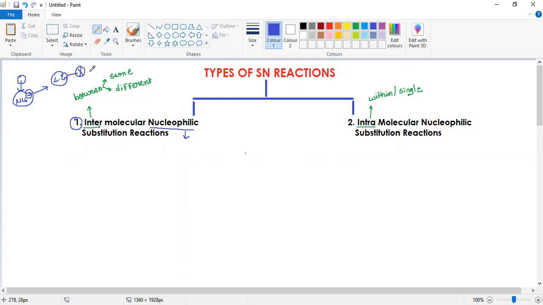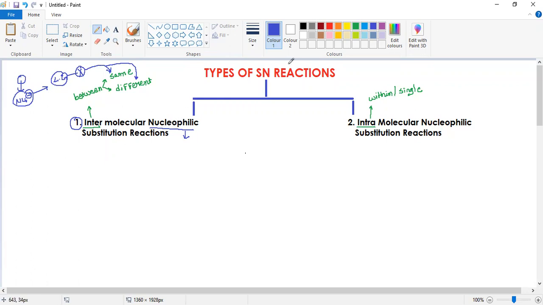So that another molecule may be the same, otherwise different. So that type of reaction is known as intermolecular nucleophilic substitution reactions. I think you didn't get that clearly.